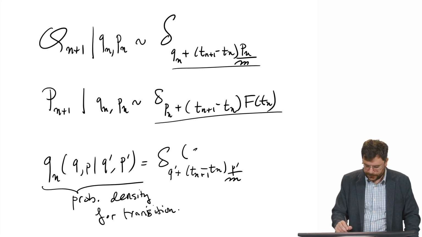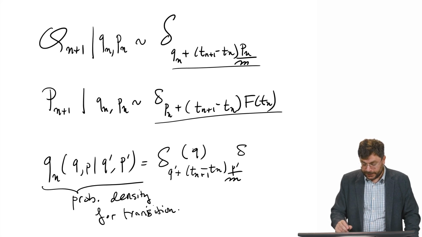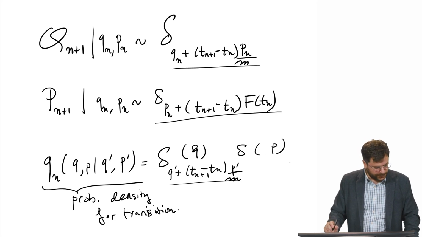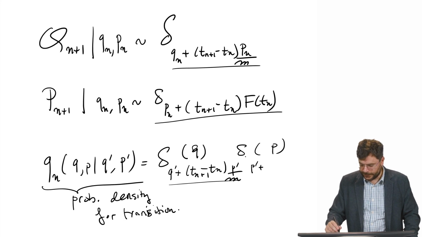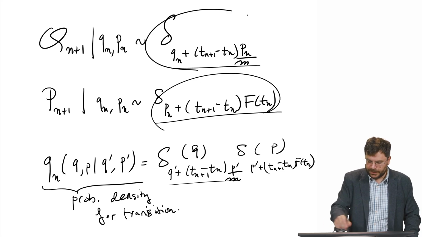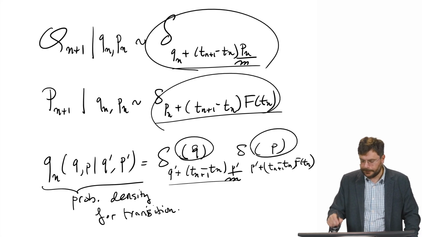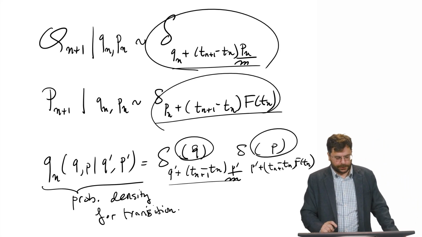The argument here is Q, because that's the variable that I'm drawing. This is technically where I'm centered. And then I have delta of P, and this is P prime as the argument of this delta function, plus Tn plus 1 minus Tn f of Tn. So I'm just rewriting these, but I'm making explicit the random variable dependence.